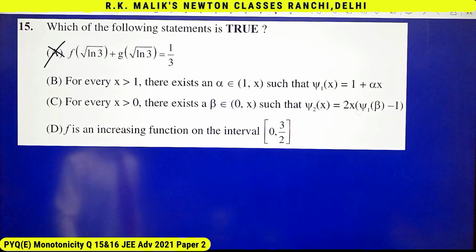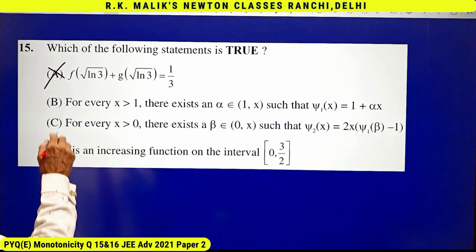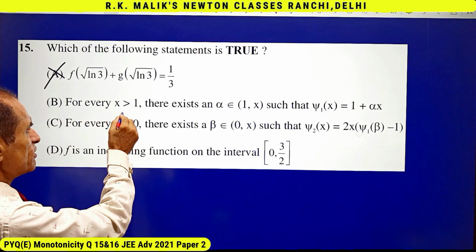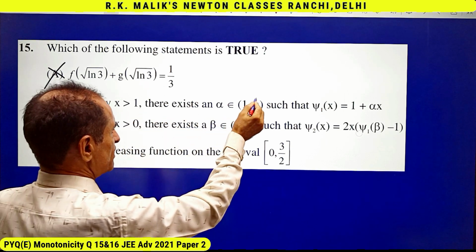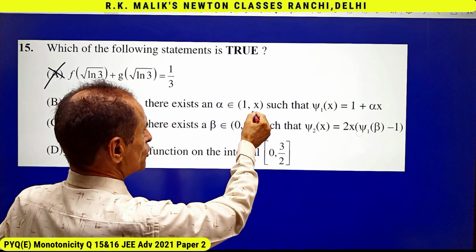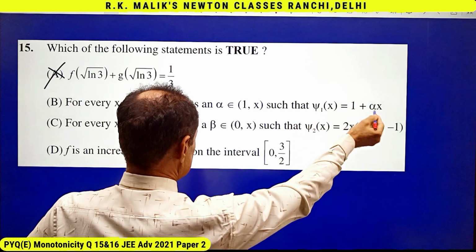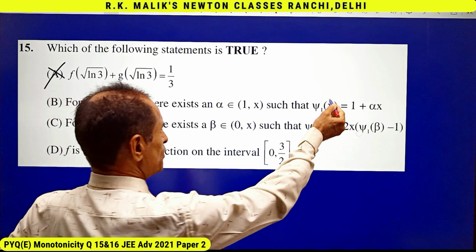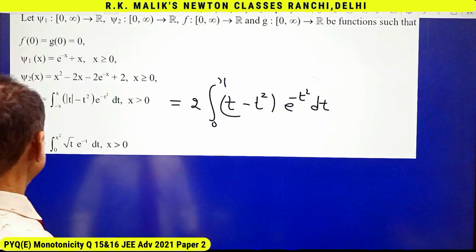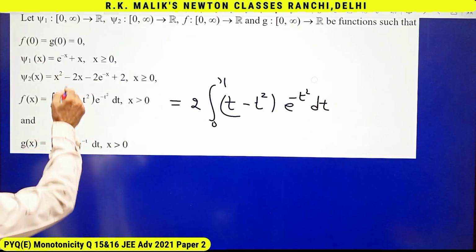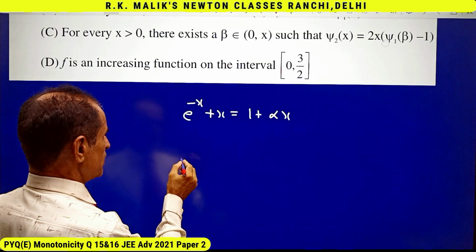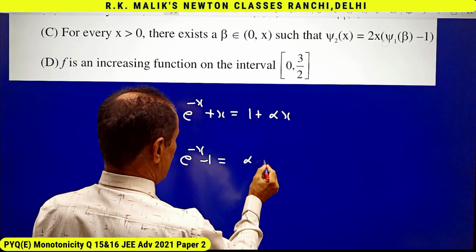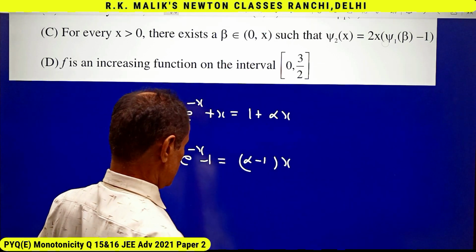And now, let us check the choice B. For the choice B, we have to check that for every x greater than 1, there exists an alpha belonging to the interval 1 to x such that this is equal to this is true or not. And now putting the value of psi 1 x as e to the power minus x plus x, this can be written as e to the power minus x minus 1 is equal to alpha minus 1 into x.